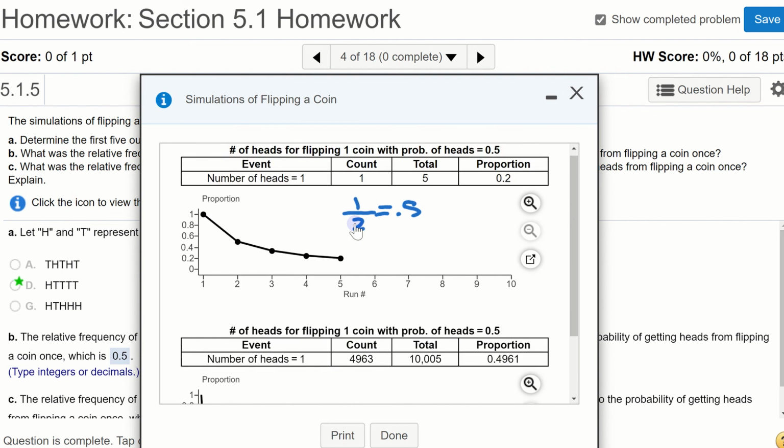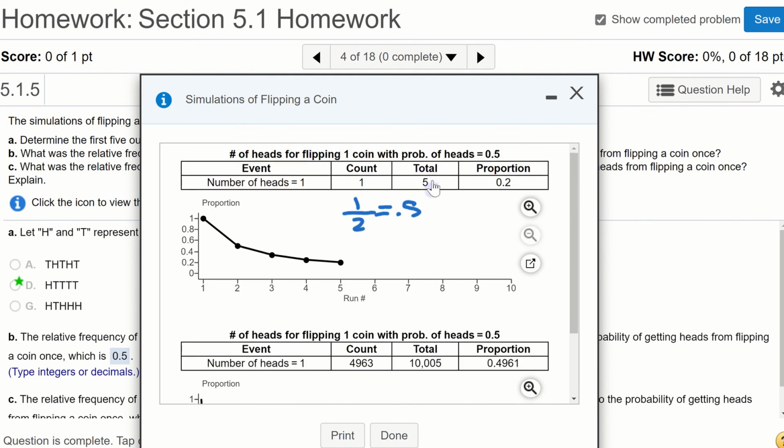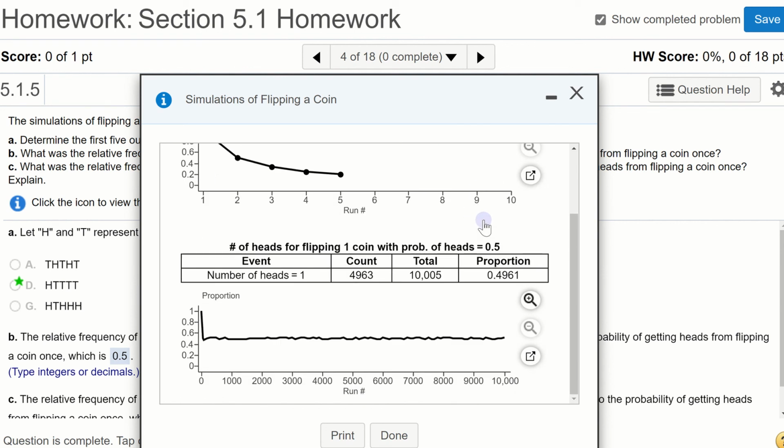After the 5 runs, the proportion was 0.2. Is that a good estimate for what you expect the probability of just one flip to be? Of course not. We know what the probability should be. It should be 0.5. So you cannot depend on a few short runs to determine the probability of an event.